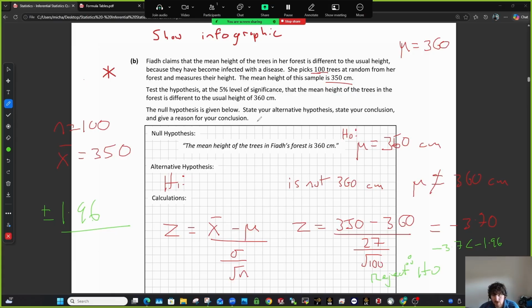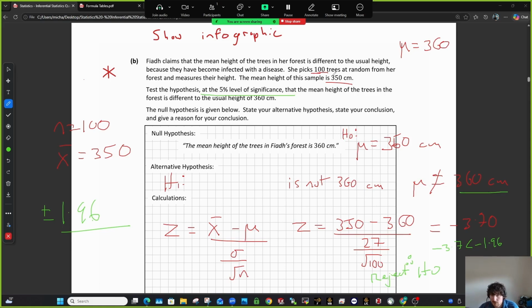So the conclusion would be this in words. At the 5% level of significance, we reject the null hypothesis, and we do not reject the alternative hypothesis, which means the mean height of trees is no longer 360 centimeters. Okay, so there you go.